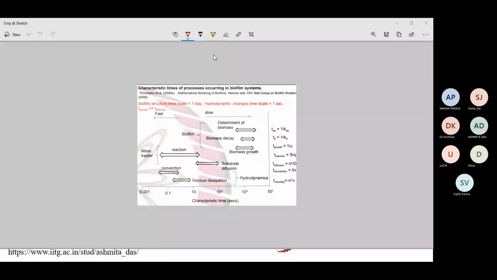As you can see, the fast processes are mass transfer, reaction, convection, and viscous dissipation. Under the slow processes come biofilm formation, that is the detachment of biomass, decay, and biomass growth. So mass transfer involves reaction and substrate diffusion, and hydrodynamics involves convection and viscous dissipation.